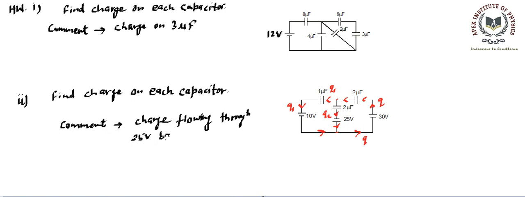We need to find how much charge is flowing through that battery, and that means what we need to calculate is Q2. So we need to find the Q2 value, and then comment on whether this battery is being used or being charged, what's happening with that battery.